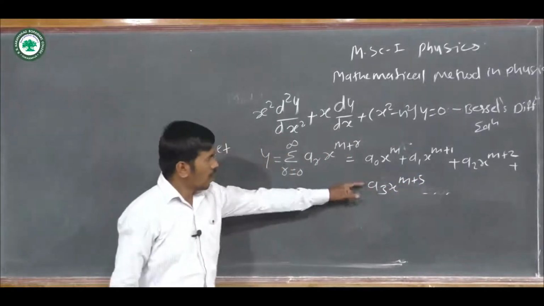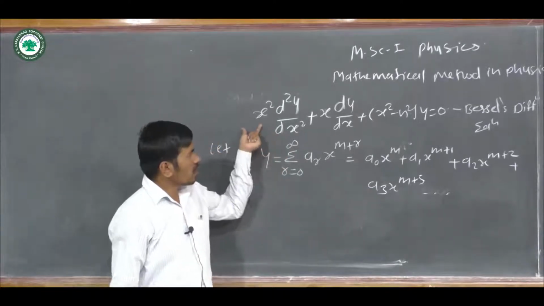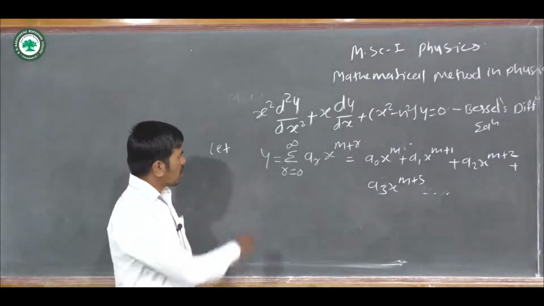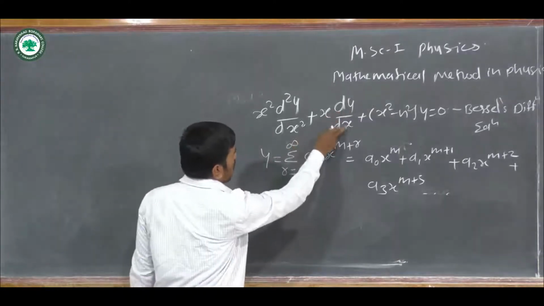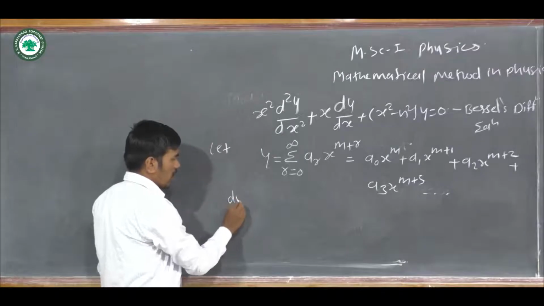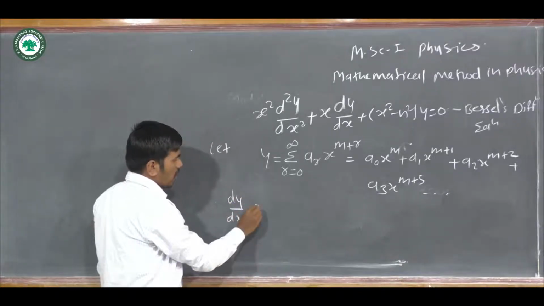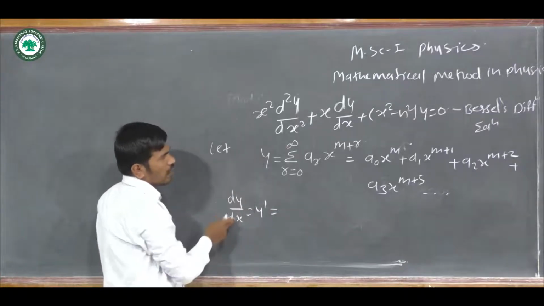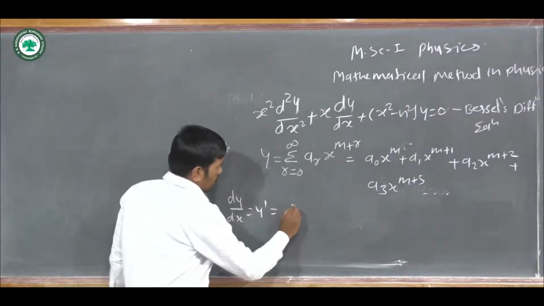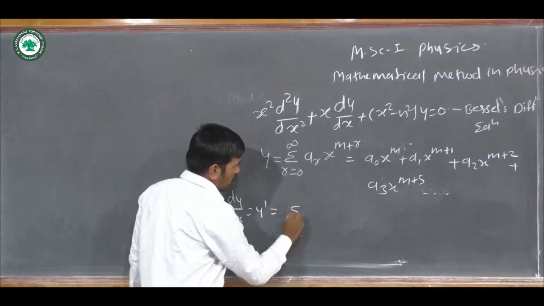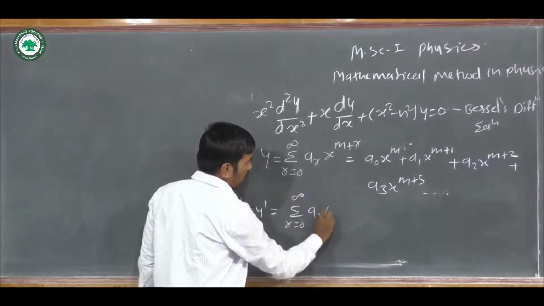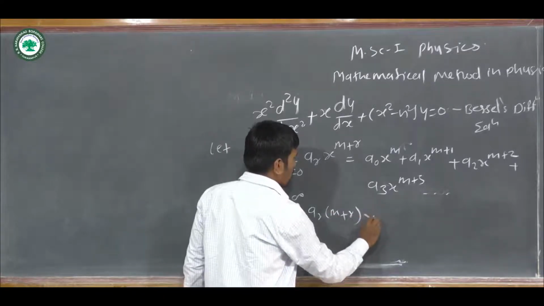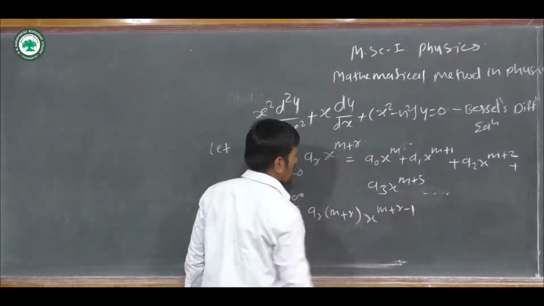This is the series solution of this Bessel differential equation. Now dy by dx, that is y prime, if I differentiate y with respect to x, is summation r equal to 0 to infinity a_r (m plus r) x power m plus r minus 1.